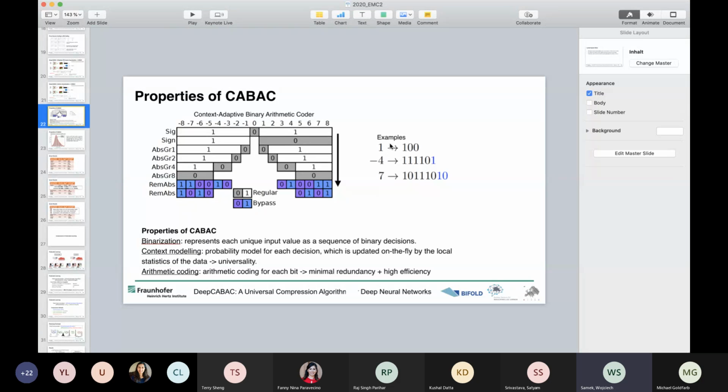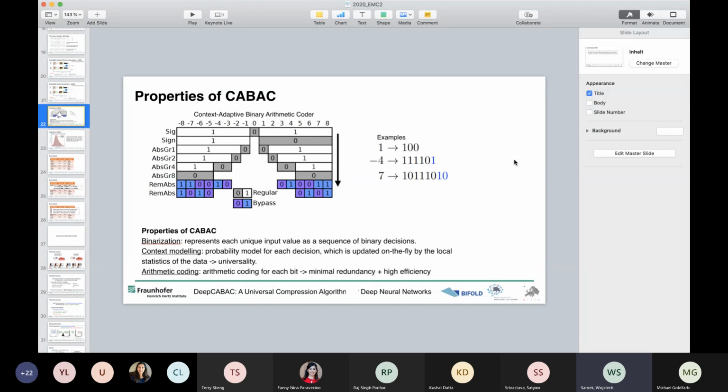And 1 is positive, therefore you get a 0 at the second position. And then you have the decision absolute greater than 1, which means that everything which is absolute greater than 1 gets a bit 1, everything else gets a 0. Since 1 is not absolute greater than 1, you get a 0 at the end and you are done. So the symbol which you encoded here, 1, you first represent as a binary term, 1, 0, 0.